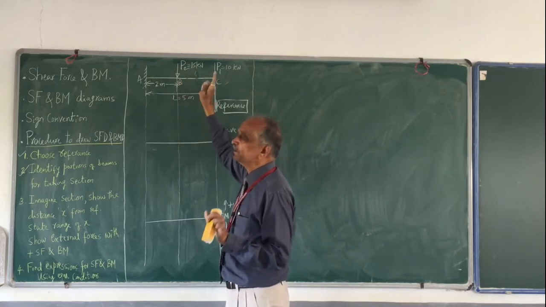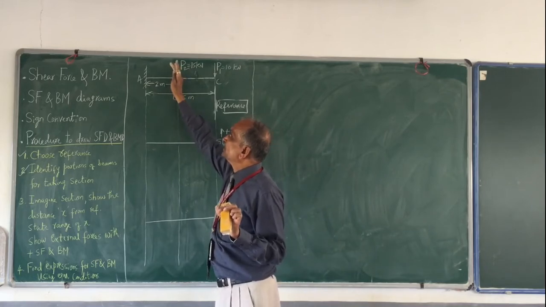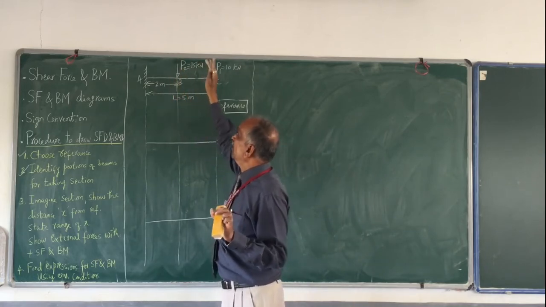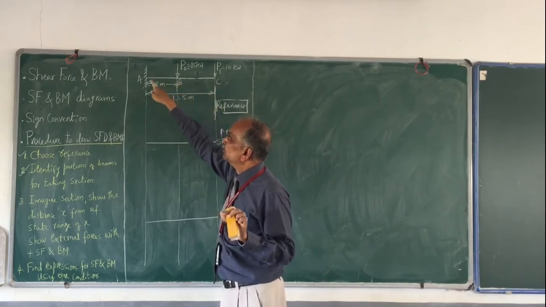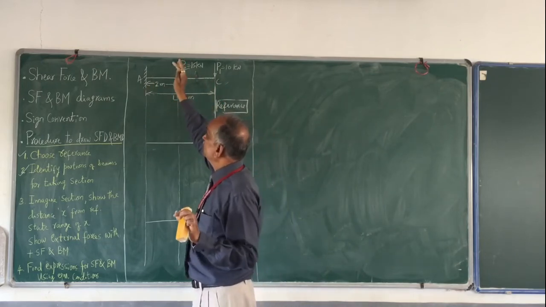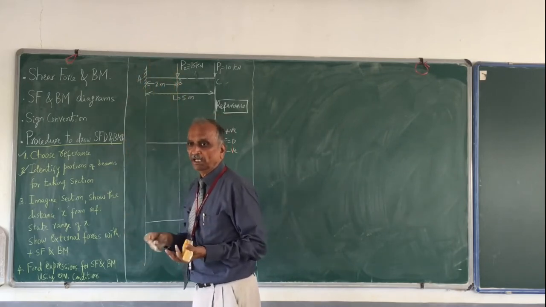It is somewhere in between C and B. Please remember, don't take a section at B or at C. When you are talking about B and A, again, don't take a section at B or at A. It has to be between B and A.